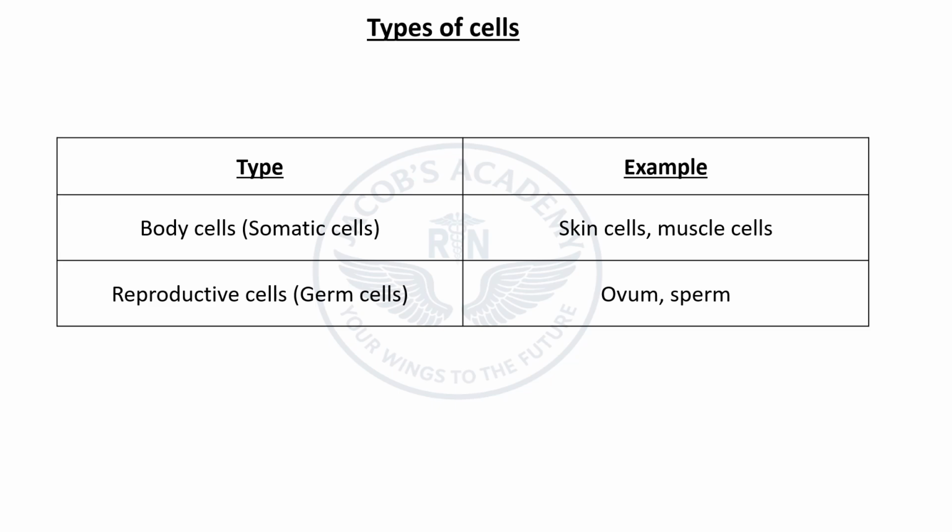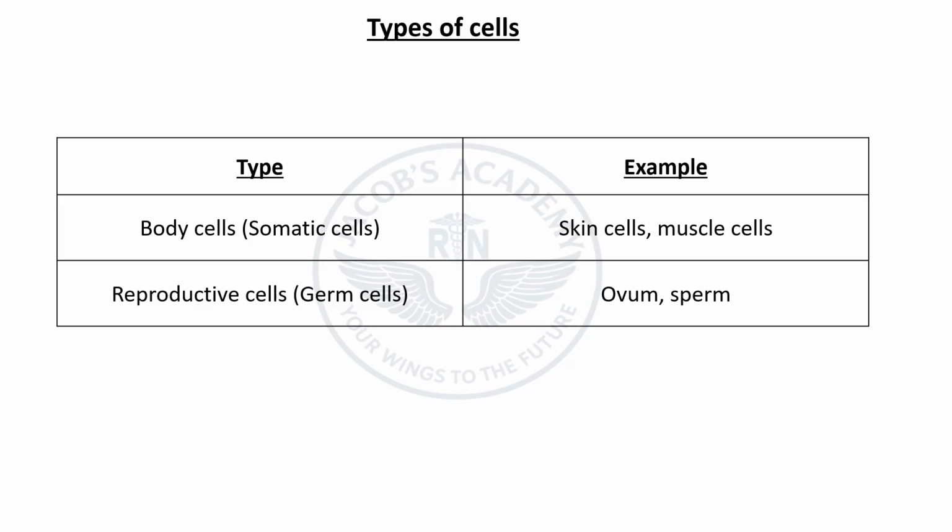And the next one is reproductive cells. It is also called germ cells. And these include the sperm in males and the ovum in females. These cells take part in reproduction and are responsible for passing genetic information from one generation to the next.